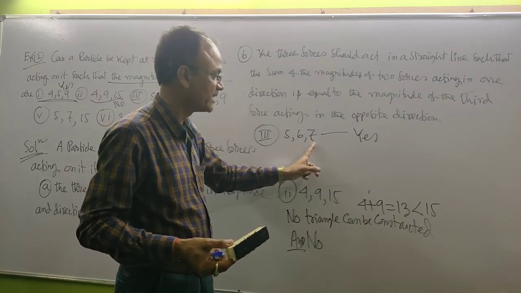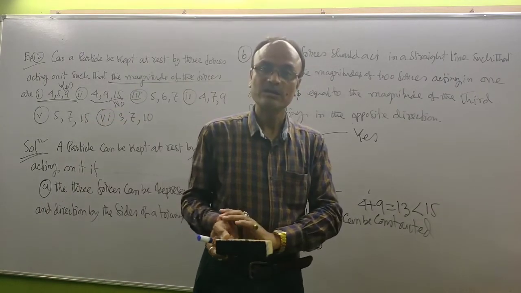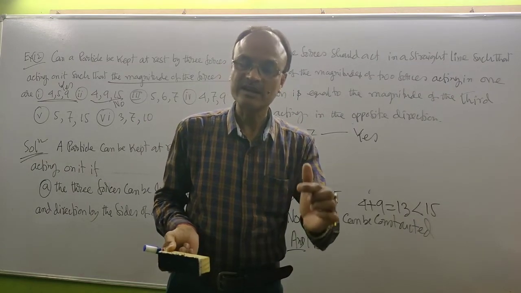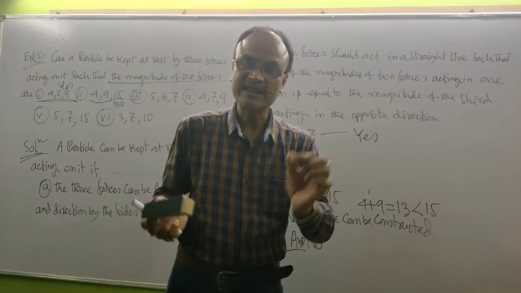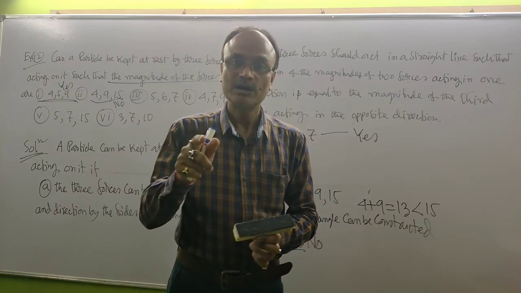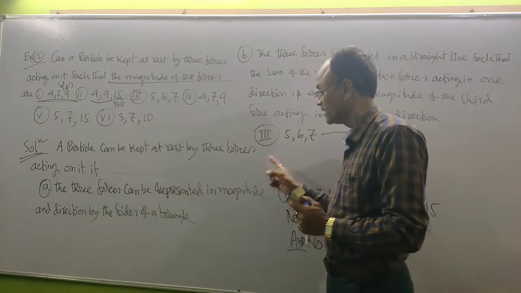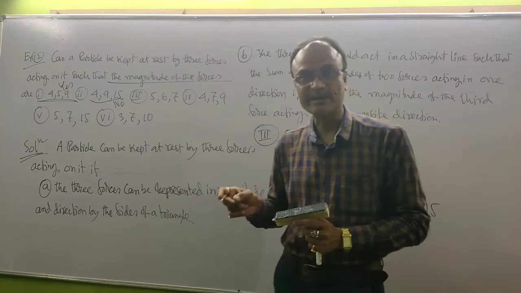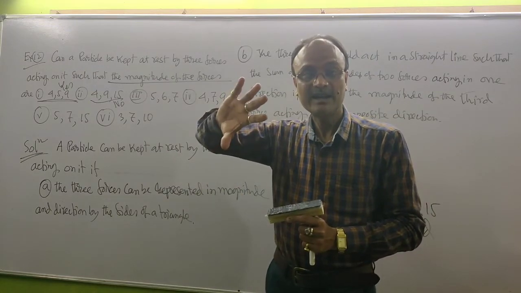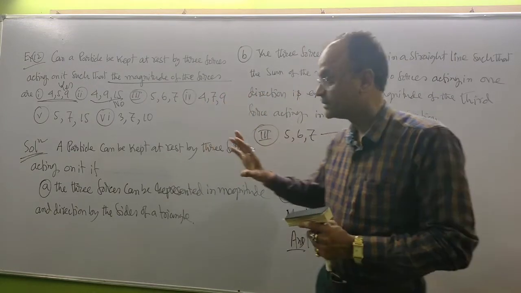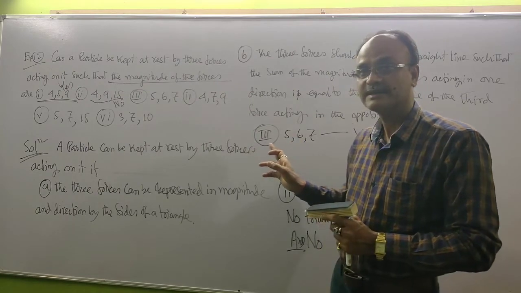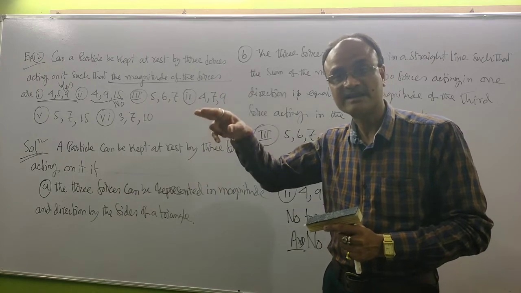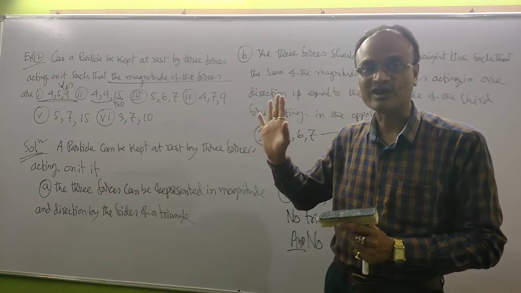Forces of magnitude 5, 6, and 7 can keep a particle at rest, because a triangle can be constructed whose sides are 5, 6, and 7, and the three forces should be represented by the three sides of the triangle taken in order.